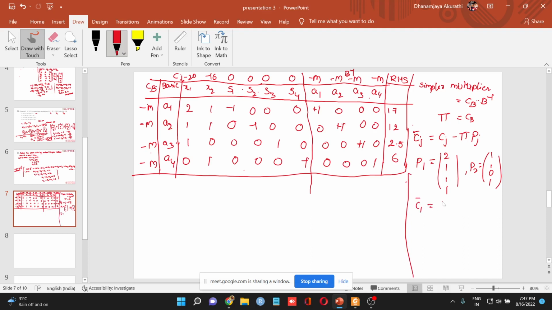C1 bar is equal to C1, the corresponding Cj, which is minus 20, the cost coefficient related to Pj, and pi means minus M, minus M, minus M, minus M. Okay, let me do it down.